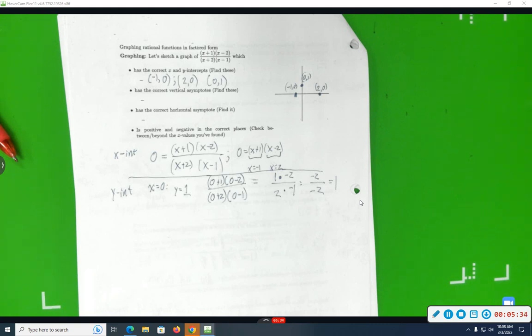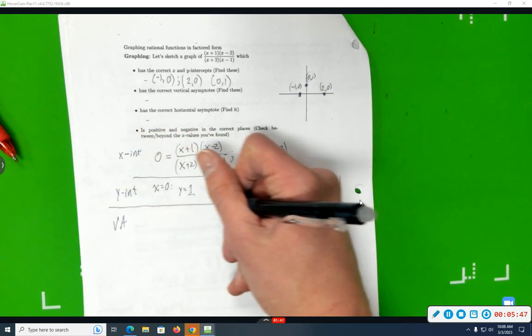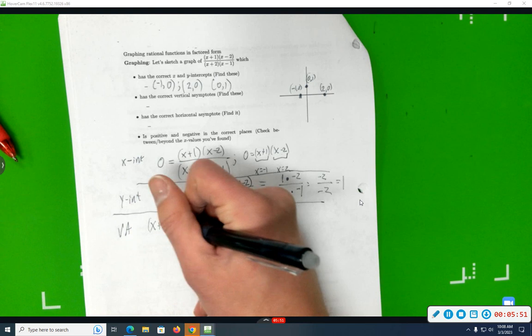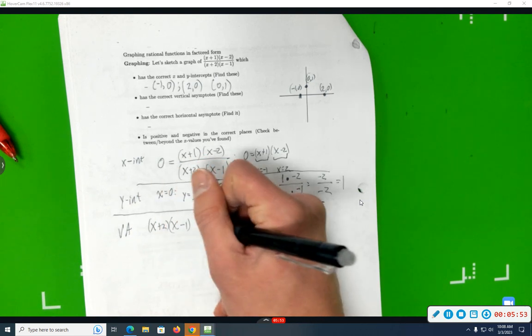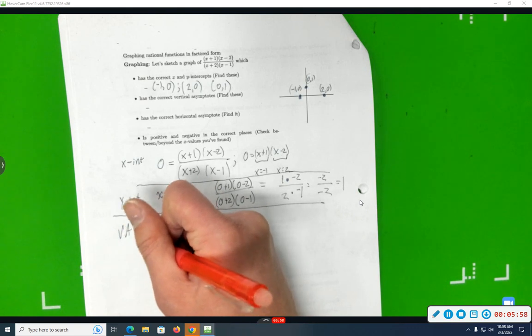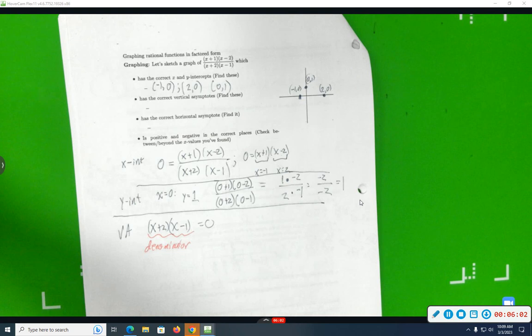So for this function, if you want to see when you divide by 0, what do you need to set equal to 0? The denominator. To find the vertical asymptotes, set the denominator equal to 0: (x plus 2)(x minus 1), parentheses matter, equals 0. And where did that come from? That came from the denominator. That looks like an easy equation to solve.